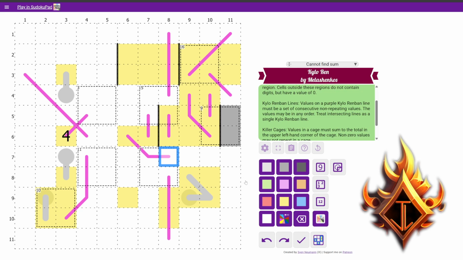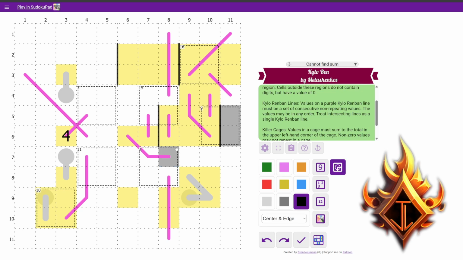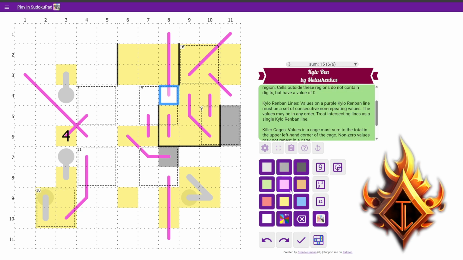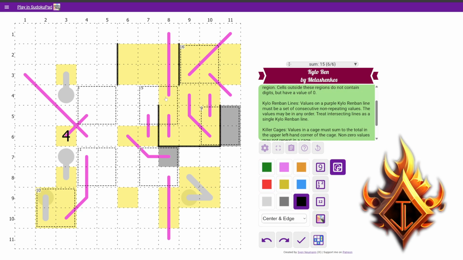So that is not yellow. That is gray. That is going to box this. It's going to push it there. It's going to finish that. It's going to push this one up into the corner. It's going to push this one up.